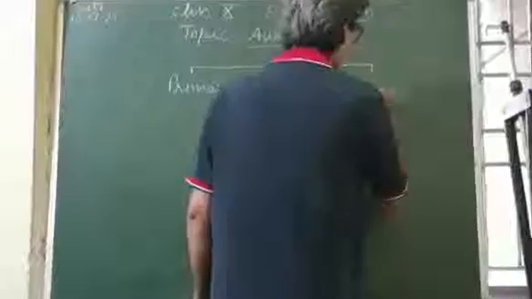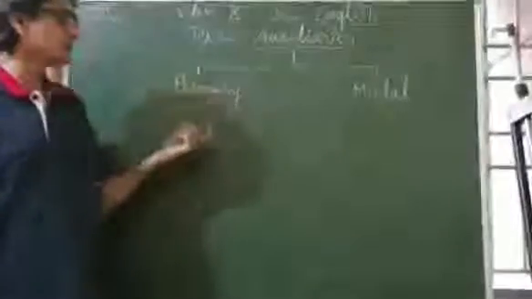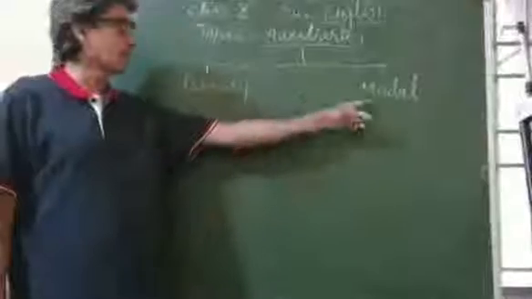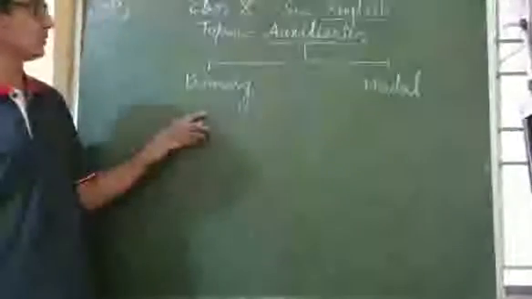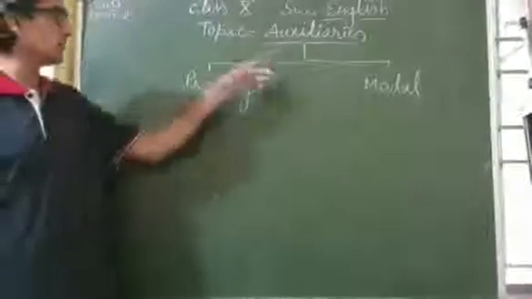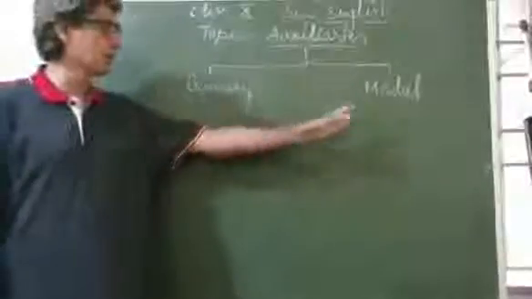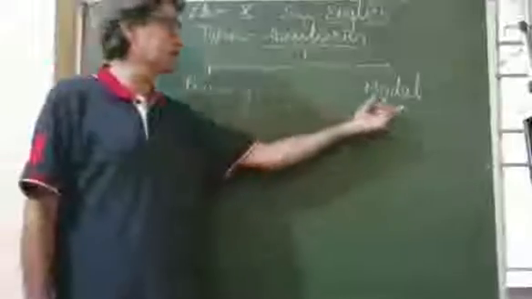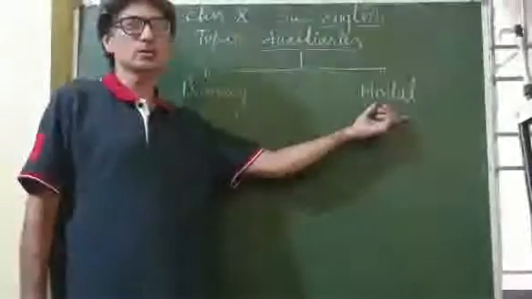The second is modal auxiliaries. The first fact you have to know about the classification of auxiliaries is that they are divided into two parts: primary auxiliary and modal auxiliary.